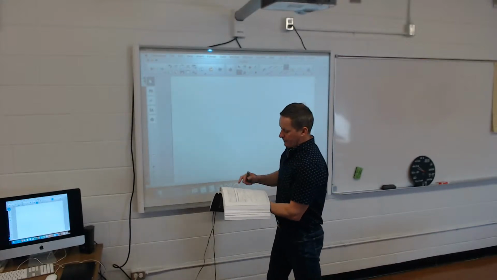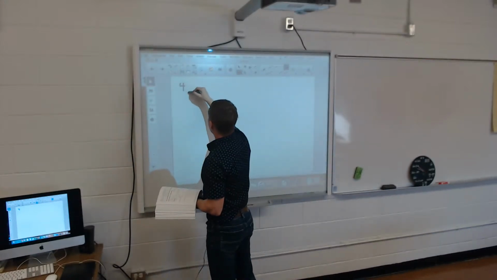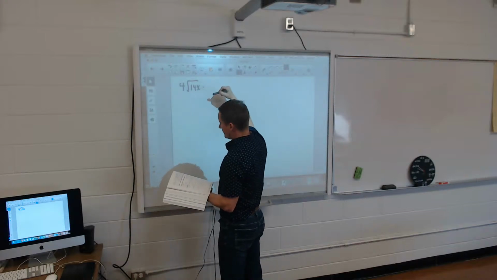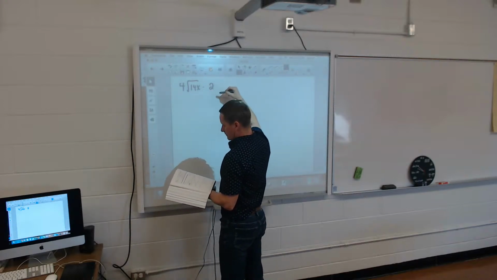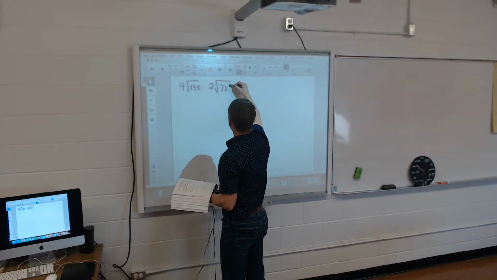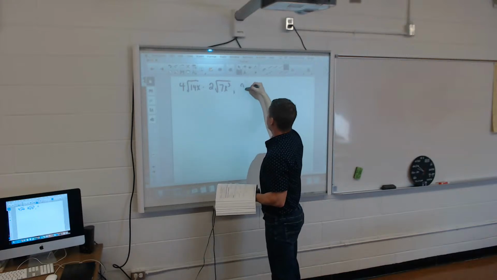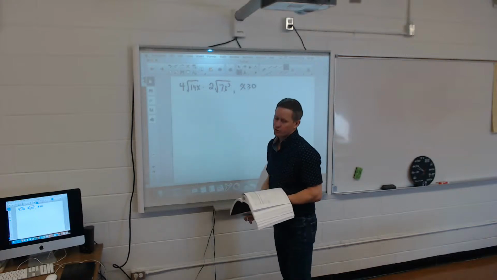So anyways, I've got 4 square root 14x times 2 square root 7x cubed, and x is greater than or equal to 0. There's my restrictions.